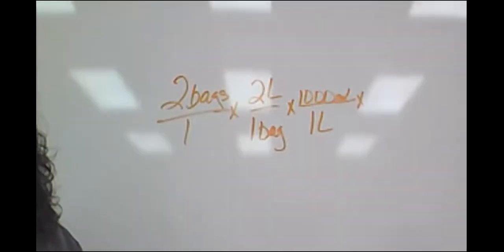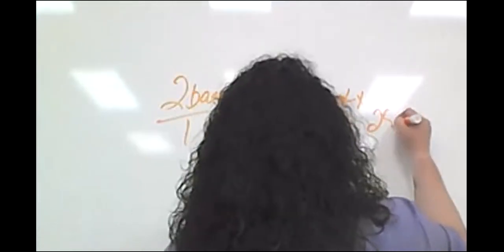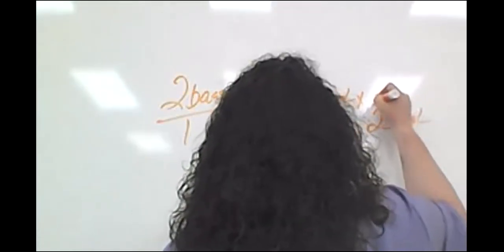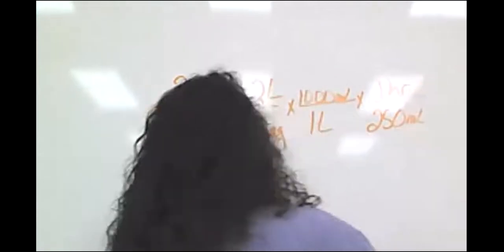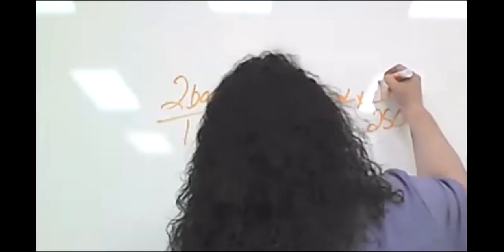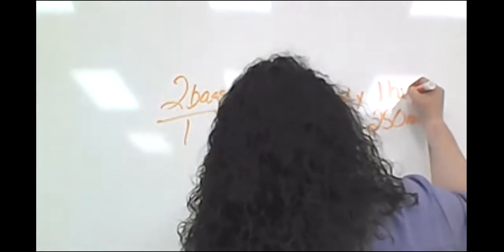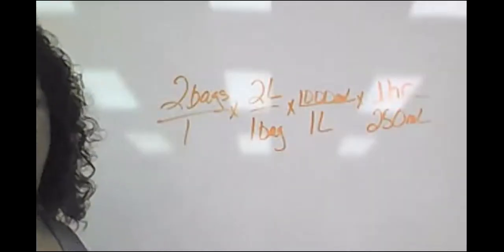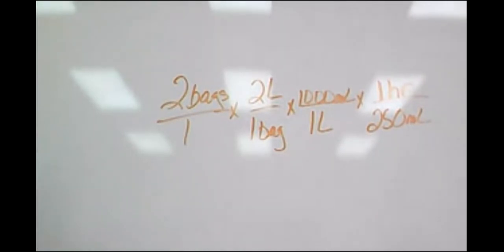And my scenario told me that this is being infused at a rate of 250 ml per hour. So for every 1 hour, we have 250 milliliters. Again, I apologize about this glare. That's 1 hour. 1 hour sitting under that glare box.